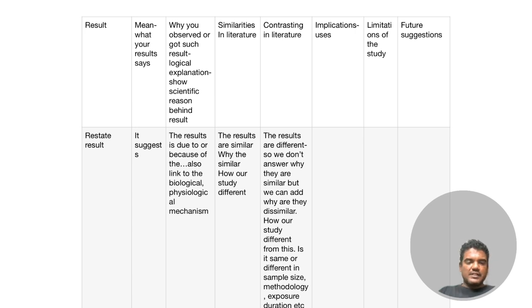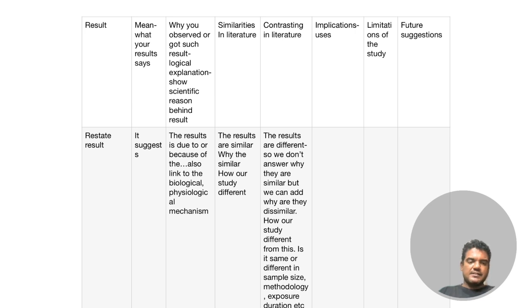You can write that generally, when cells are exposed to drugs, the drugs produce free radicals, and these free radicals activate the antioxidant machinery. So such scientific reasons we have to write. So that is also very important.